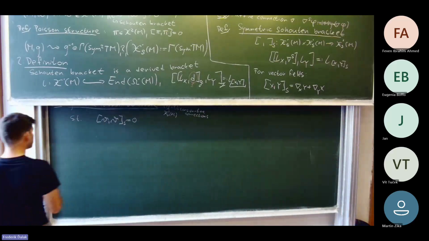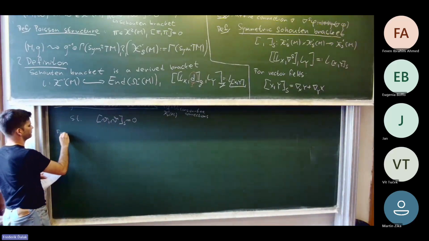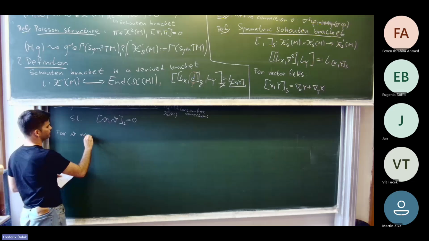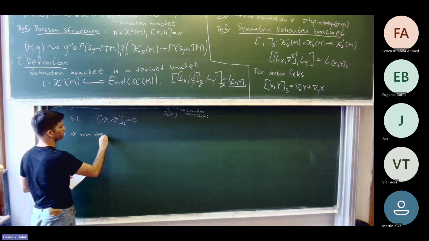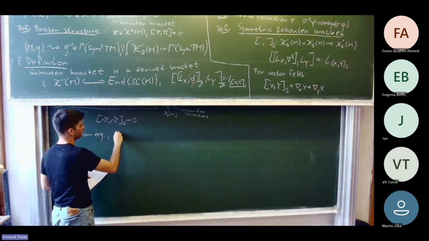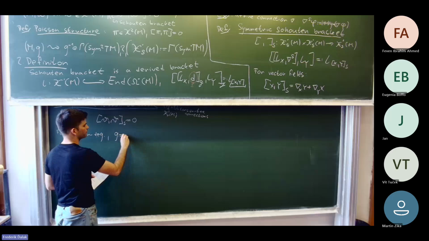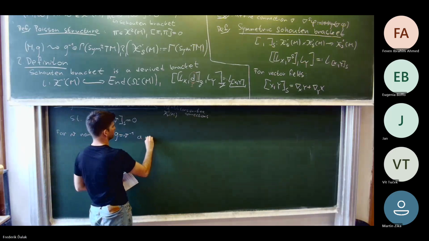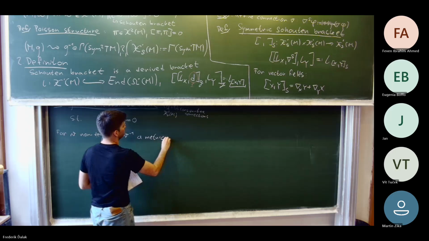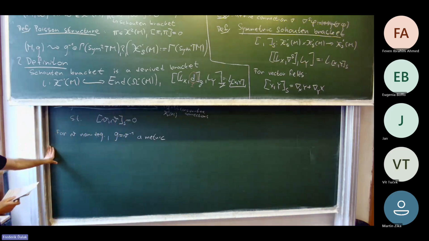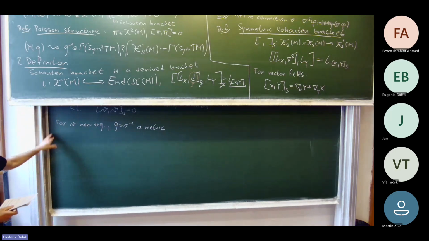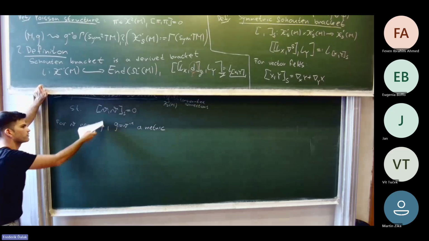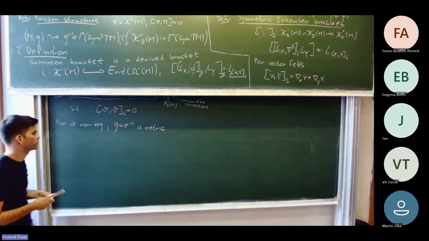Good. So for theta non-degenerate, what I can do is take its inverse and I get a pseudo-Riemannian metric. And then the question is whether I can rephrase this condition on the bivector in terms of this metric.